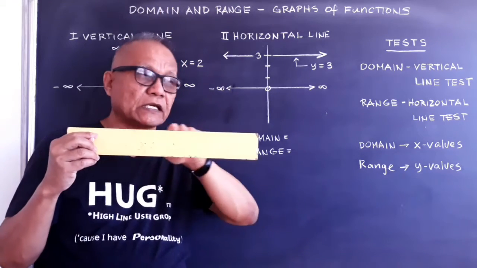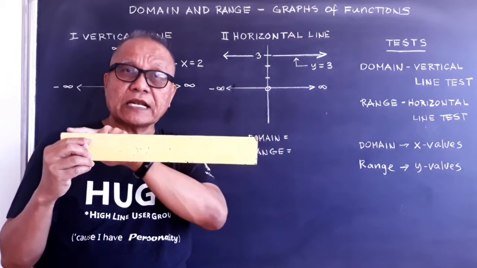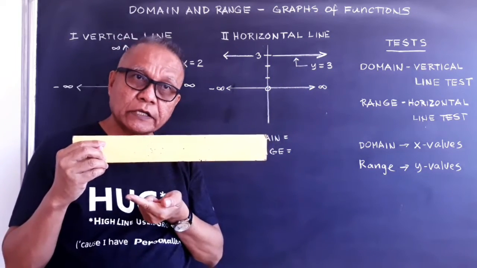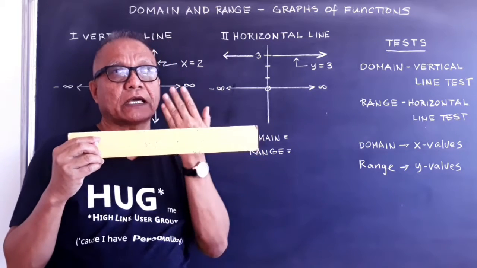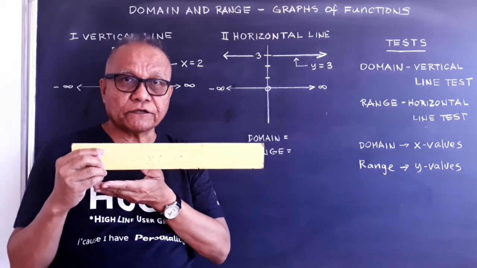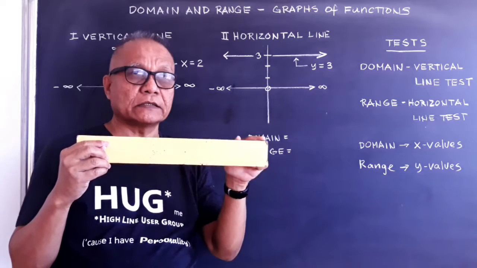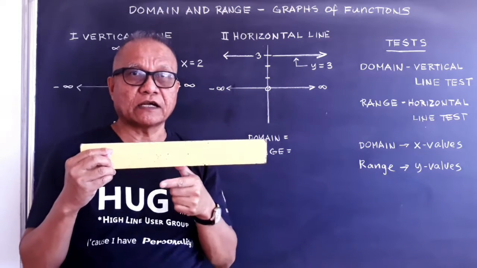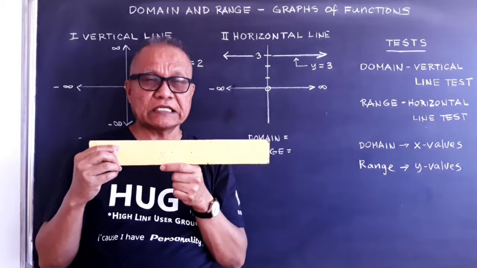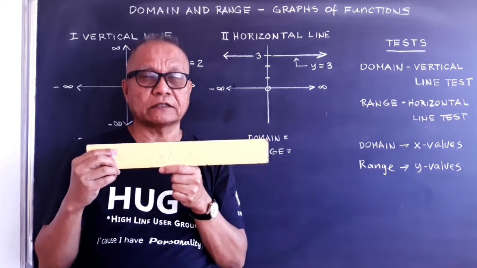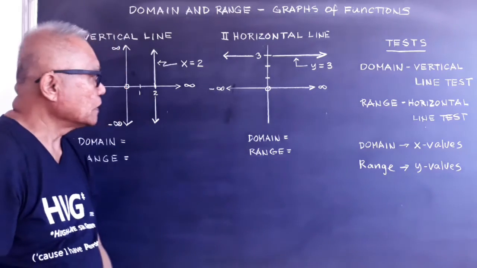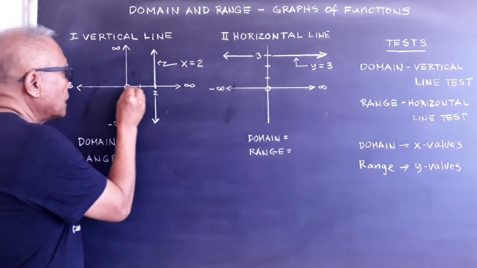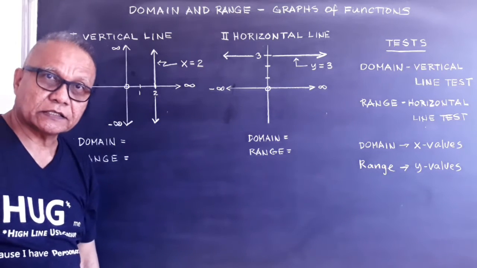If this line intersects our curve or function, then there is a range there. If the line does not intersect any part of the graph function, then it is not the range of that function.